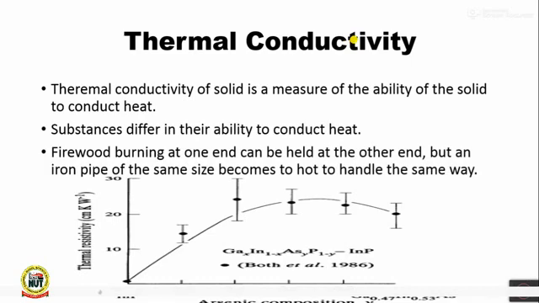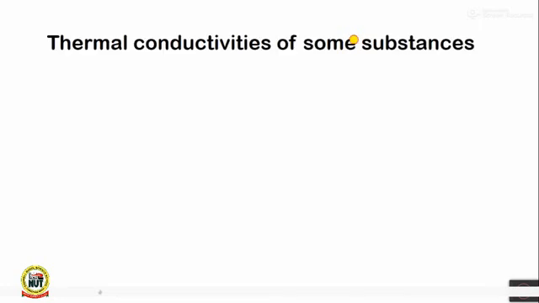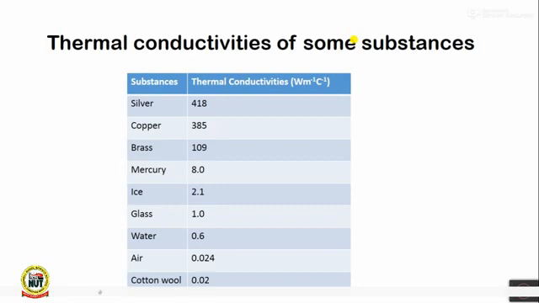So we have a chart of materials and their thermal conductivities. Silver is having a thermal conductivity of 418 watts per meter per kelvin.